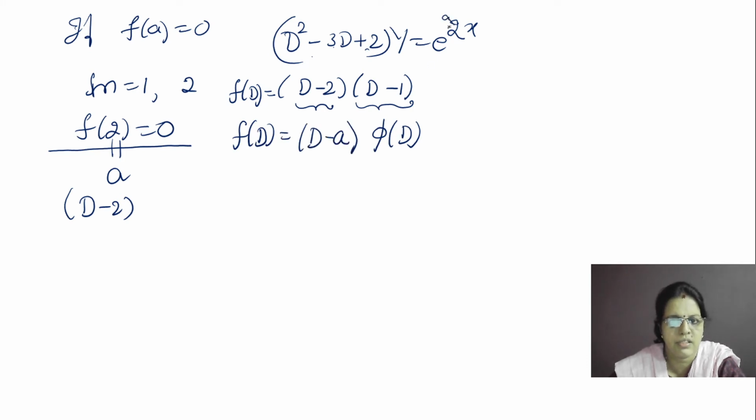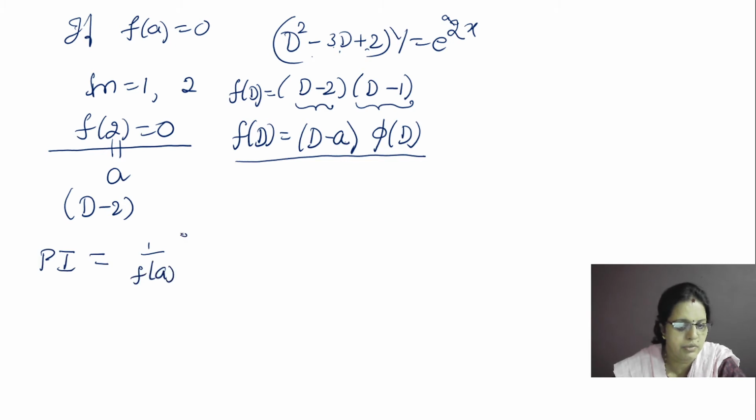Whatever is here, that is the root. So we can write f of d like this. So in such cases, when you put d equal to a, this expression becomes 0. Then the particular integral is usually given by 1 by f of a into e power ax.